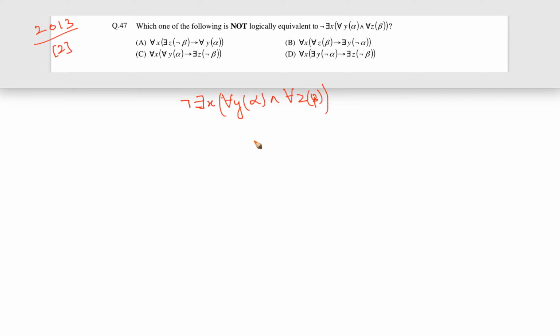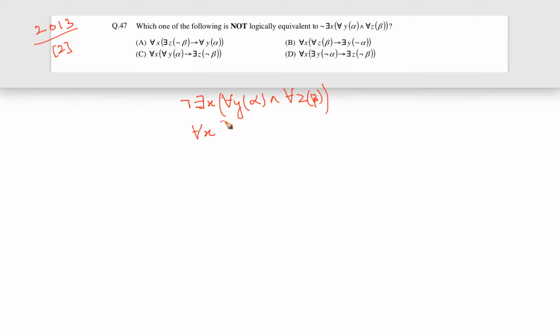Now you see that all of the options are starting from for all x, so definitely we are going to convert it to for all x. So when we convert it to for all x, this not will go inside, it will be converted to the for all quantifier, and then we take not of this entire thing.